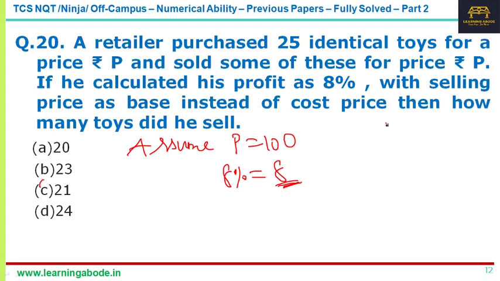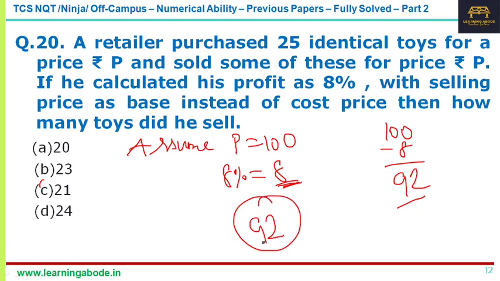Now 100, the price at which I have sold, minus 8 is 92. Now 92 is the actual cost of the item that I have sold, because selling price minus profit gives me the cost price.